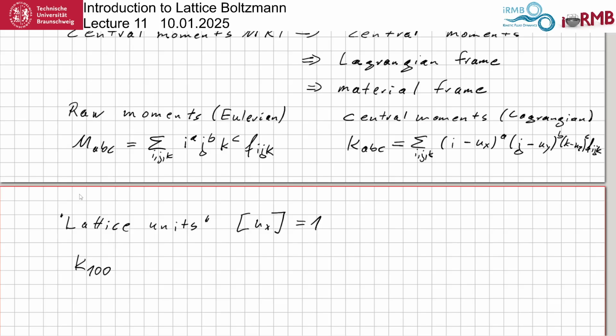So it's rho times ux minus ux, which is 0, of course. By definition, these things are 0. So if you wonder how you determine ux, you determine it by setting ux such that k_100 is 0. This is what determines what ux is, and this is true for all the first order central moments. They are all by definition 0.